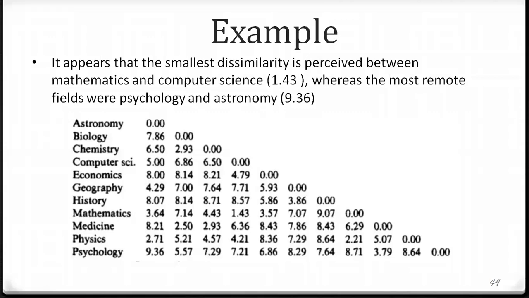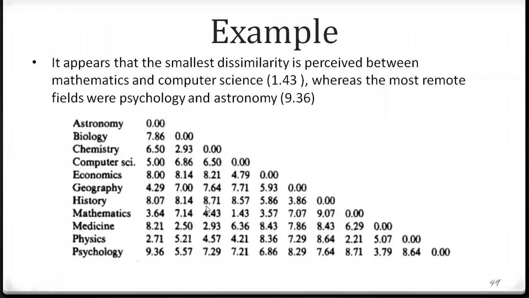History and math is 8.71, so we have the highest difference between math and history.